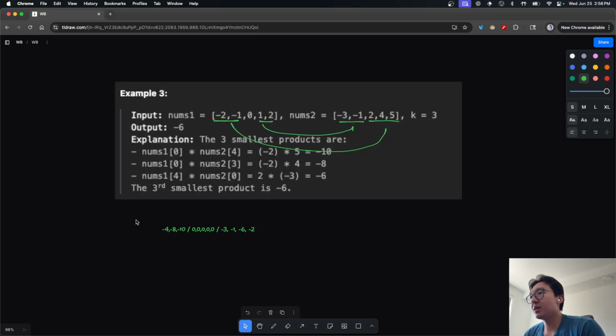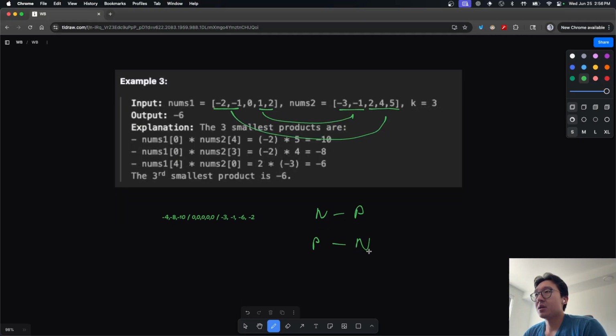And then once we're done with this, we're going to start doing negative, negative, positive, positive. So are those the cases? We always want to do negative positive and then positive negative first.